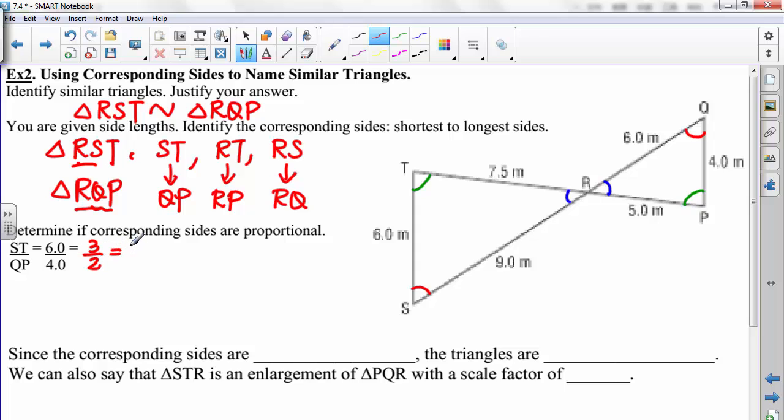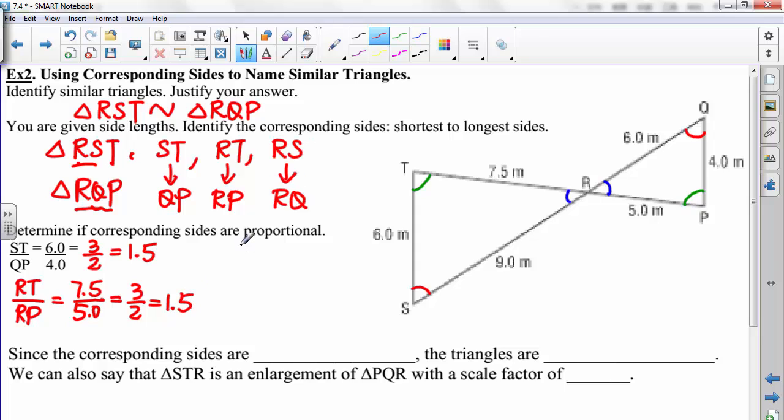You also can change this fraction to a decimal. Let's look at the second pair. It's RT over RP. RT is 7.5 meters long. RP is 5.0 meters. Cancel the meters and then reduce the fraction to the lowest term. This one is also 3 over 2. The decimal value is 1.5.